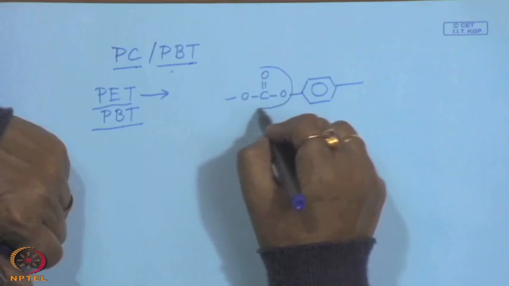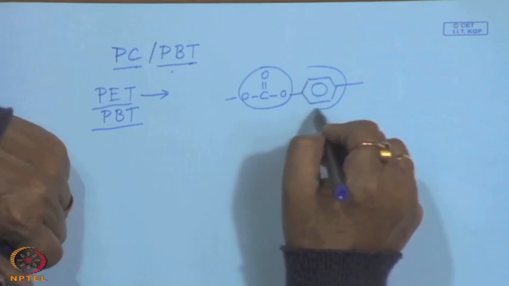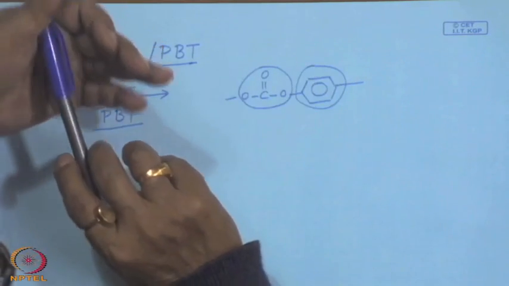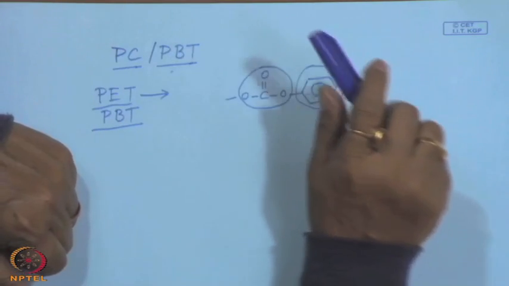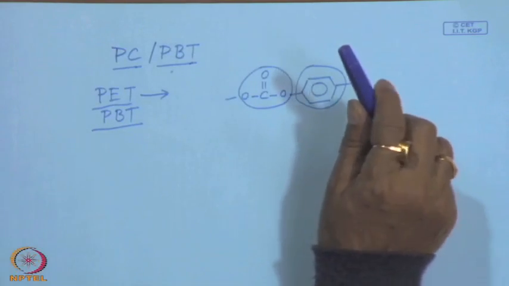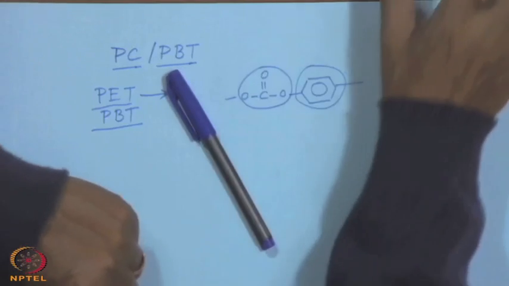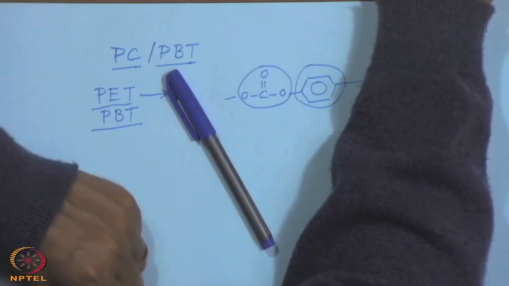So, the presence of this unit makes it a very good high impact property polymer, and further its impact strength can be improved by blending with PBT.